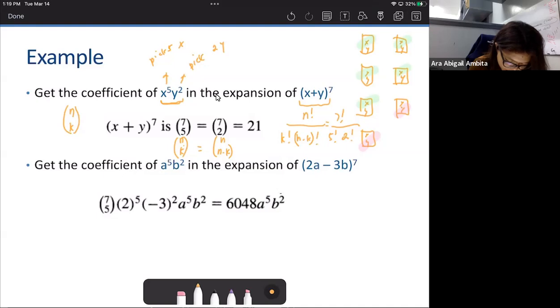Now, what if we have this problem? We want to get the coefficient of a raised to 5, b squared in the expansion of (2a minus 3b) raised to 7. So yung gagawin natin is still the same. We have 7 taken 5, meaning in this problem, we are picking or selecting 5 a's.